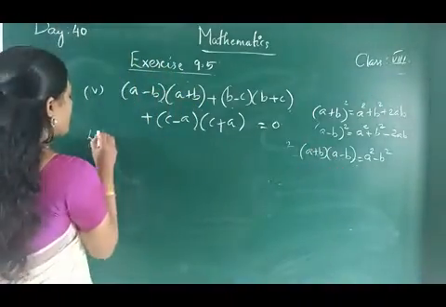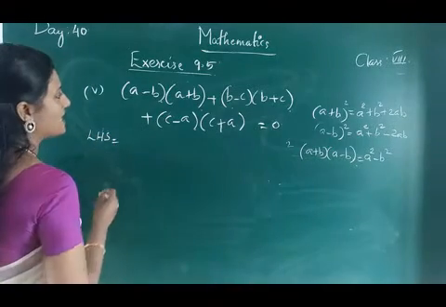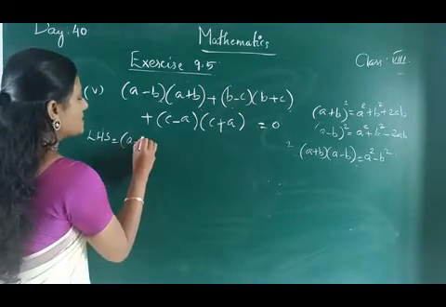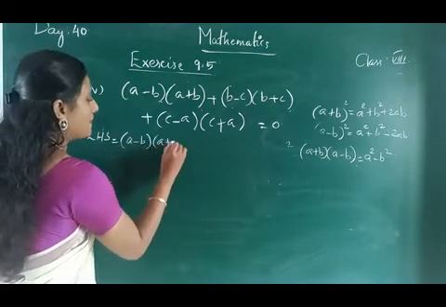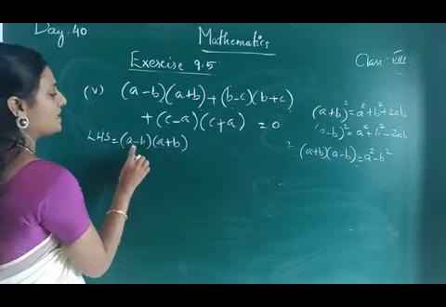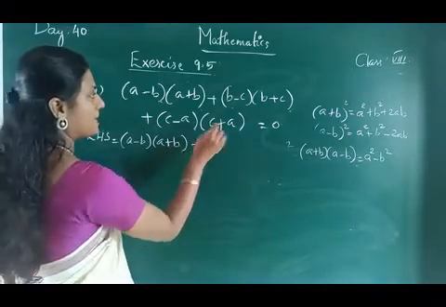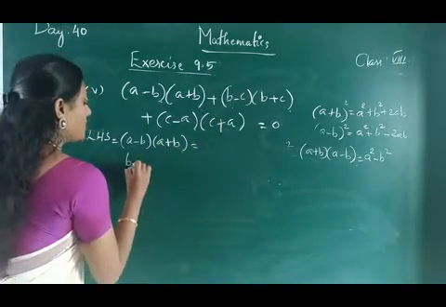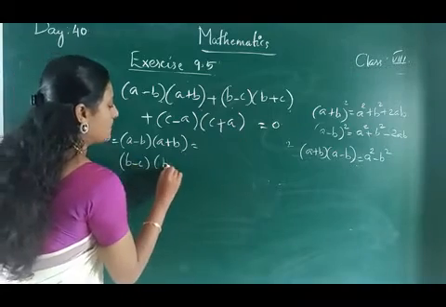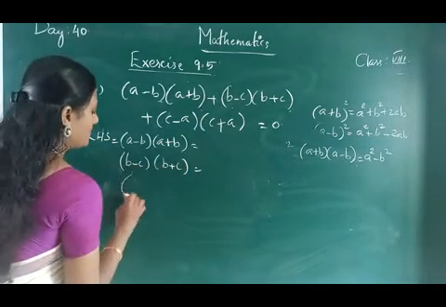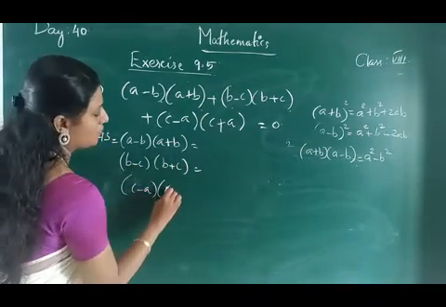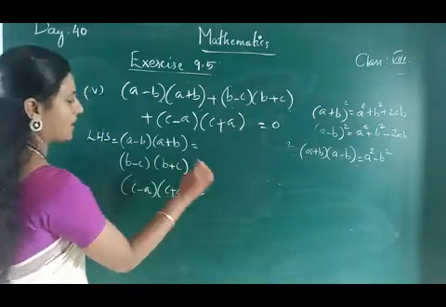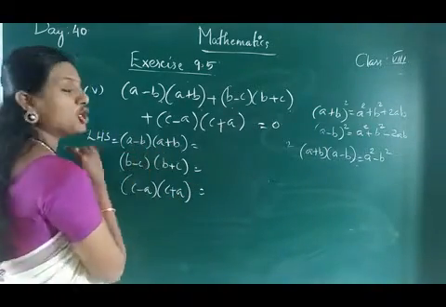So what is the LHS? A minus b into a plus b. First we can simplify this a minus b into a plus b, then simplify b minus c into b plus c, then c minus a into c plus a. Okay. So what is a minus b into a plus b?